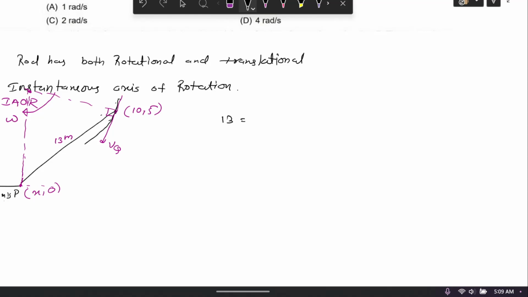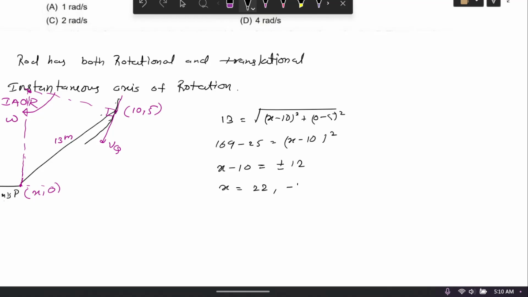So 13 is equal to root over x minus 10 whole square plus 0 minus 5 whole square. So this will be 169 minus 25 is equal to x minus 10 whole square, or x minus 10 is equal to plus or minus 12. So x is equal to either 22 or minus 2.